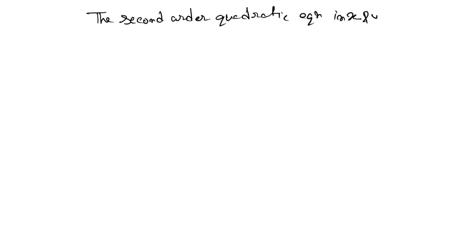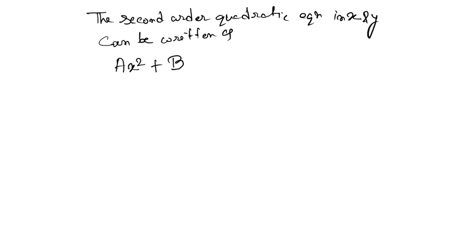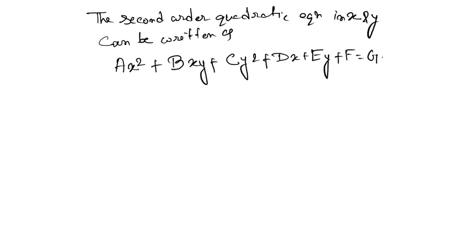The second order quadratic equation in variables x and y can be written as capital A into x square plus B into xy plus C into y square plus D into x plus E into y plus F equal to G. Here you consider A, B, C, D, E, F, G as constants only.